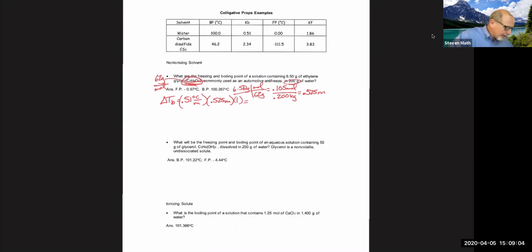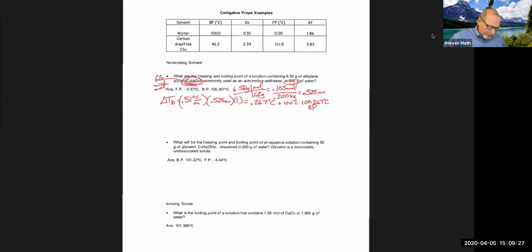So our change in boiling is 0.267 degrees Celsius. It's water, so it normally boils at 100. So the boiling point of this solution is 100.267 degrees. That's my boiling point.